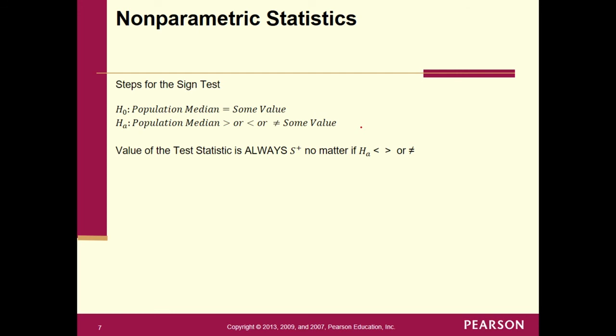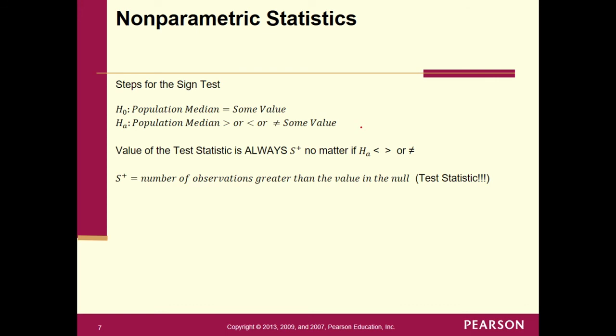No matter if H sub A is less than, greater than, or not equal to, you do not change the value of the test stat. It's always S plus. And what is S plus? It's real simple. S plus is equal to the number of observations greater than the value of the null. That's it. All we do is count the number of observations above the value of the null and below. And that's it, all right.